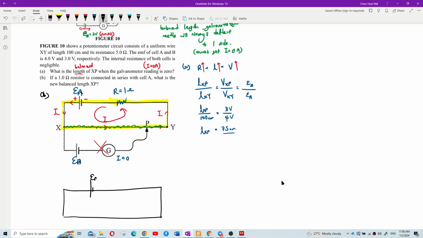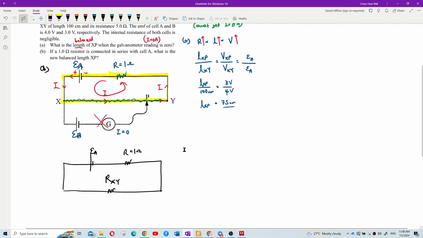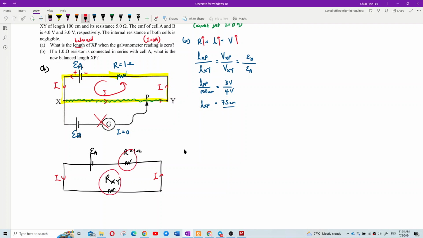Okay, EA, and then a resistor of 1 ohm, and then here we have resistor XY. Do you see that, class? So these two resistors are actually in series.